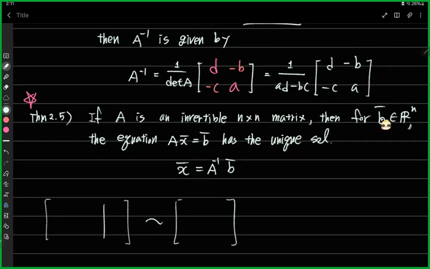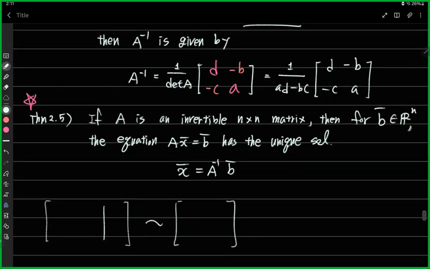Whenever B bar changed, we had to newly construct the augmented matrix and do echelon form again. But now, for any choice of B bar, it doesn't matter. As long as we can find A inverse, x bar is just the inverse matrix multiplied by B bar. That's it.